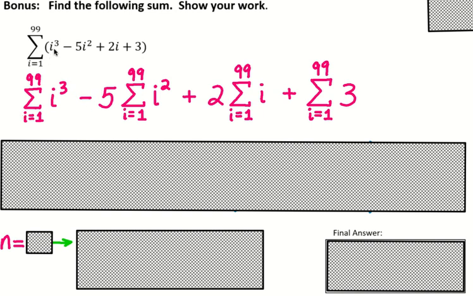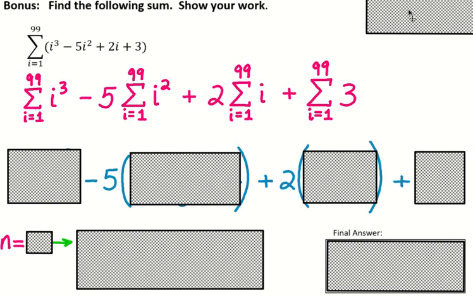The first thing you're going to do is break up all of these into separate sigmas, and bring the coefficients out in front, like here, so that you'll have sigma i cubed, sigma i squared times this, sigma i times this, and sigma that, and then you're going to utilize the formulas I will provide.